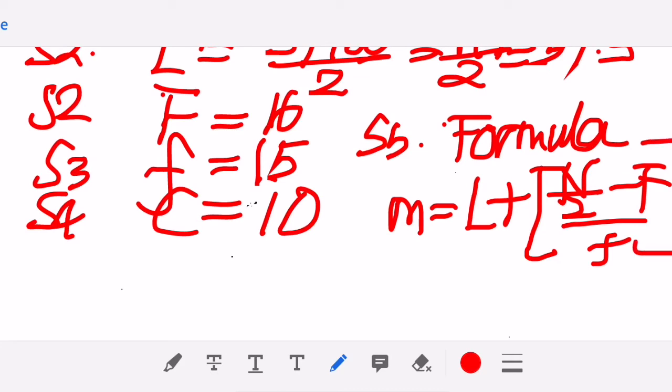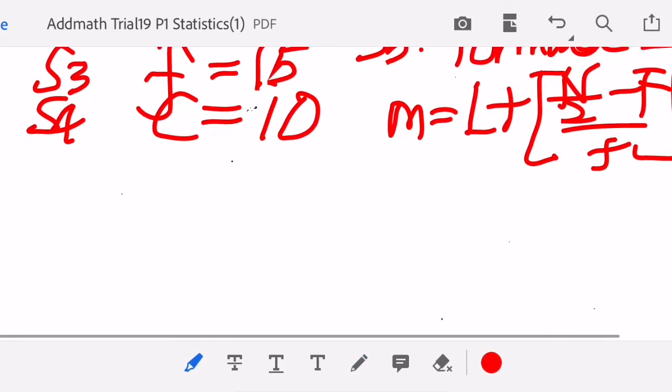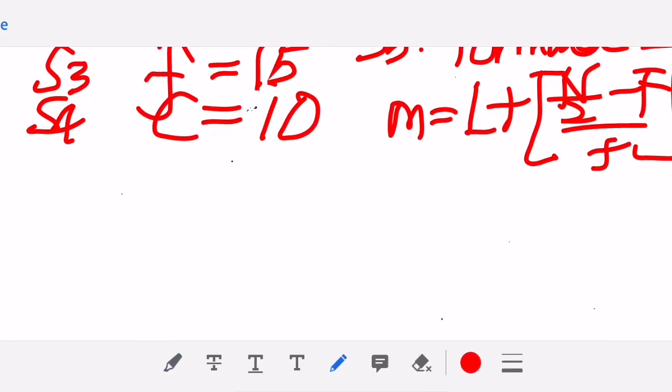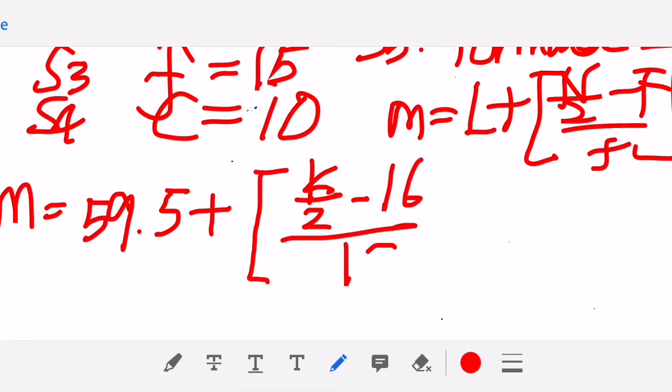Now we want to substitute into the formula and solve for K. You substitute the median given just now, which is 63.5. Then L we found already, 59.5, plus N over 2, which we don't have, so we have K, minus the big F which is 16, over the small f which is 15, times the C which is 10.